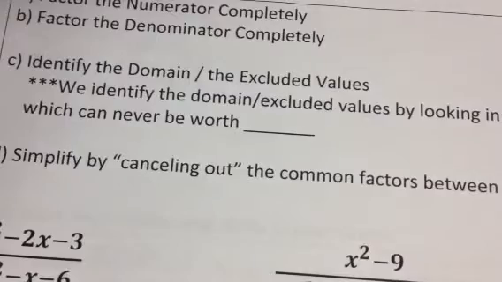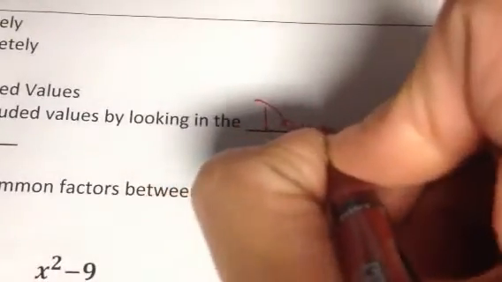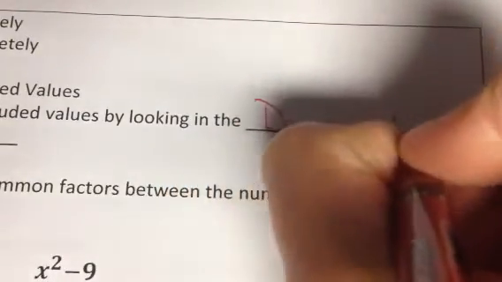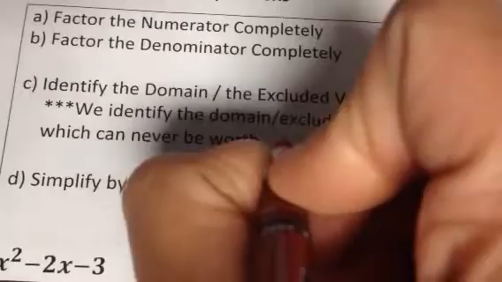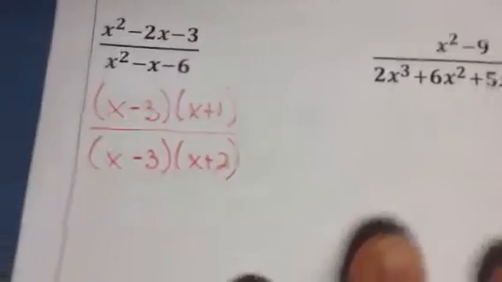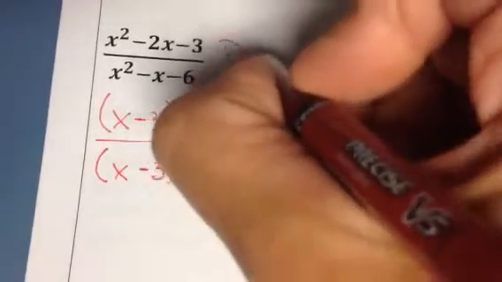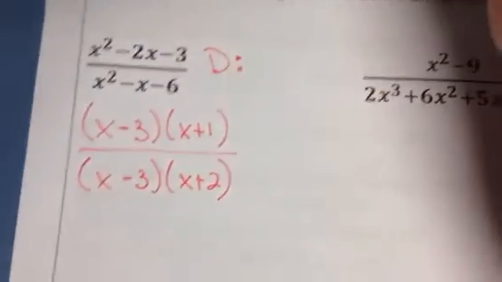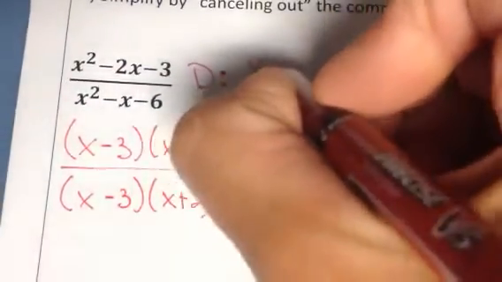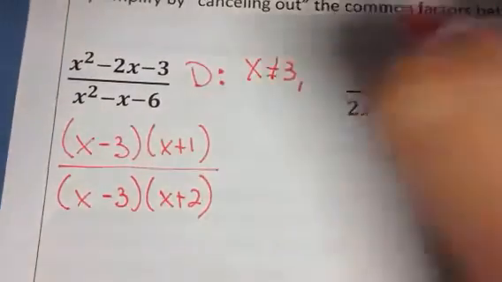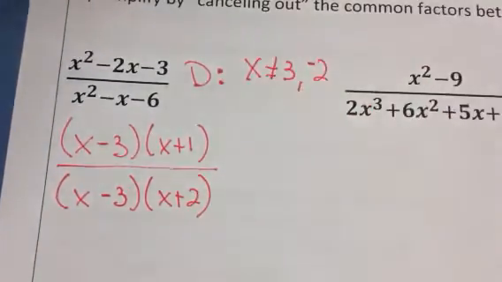So when I talk about the domain and the excluded values, we identify them by looking in the denominator, and the denominator can never be 0. Okay? So what would make my denominator 0, and what I would worry about for my domain issues, these excluded values, and you're going to be seeing this a lot, is that x can never be 3 and x can never be negative 2. Those are pretty simple to see.